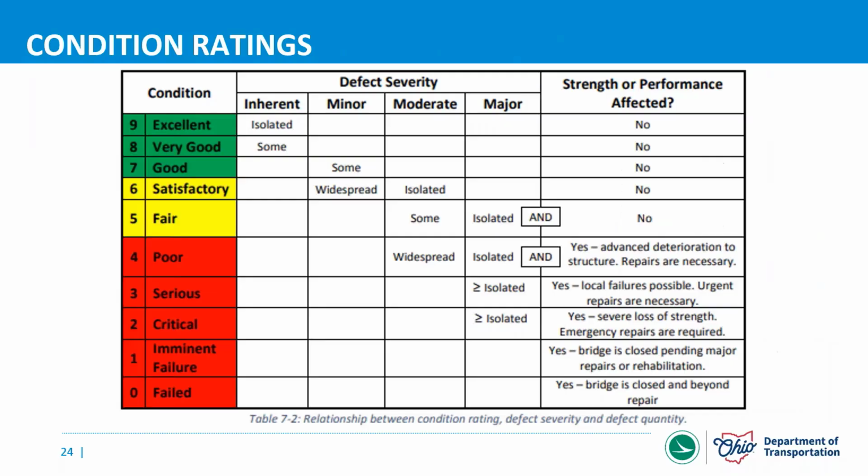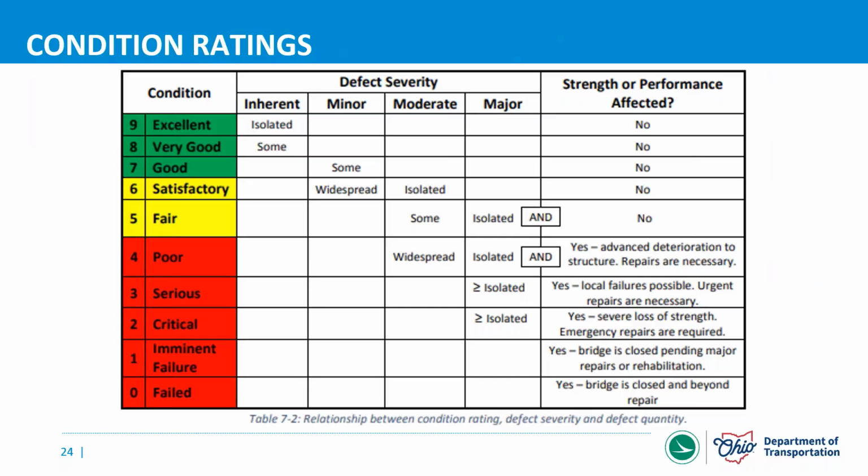Okay, so getting into condition ratings. Something that I'm sure most of you care about the most. What we're showing on this screen is ODOT's rendition of SNBI Table 20, which basically documents how to rate overall 9 through 0 condition ratings.